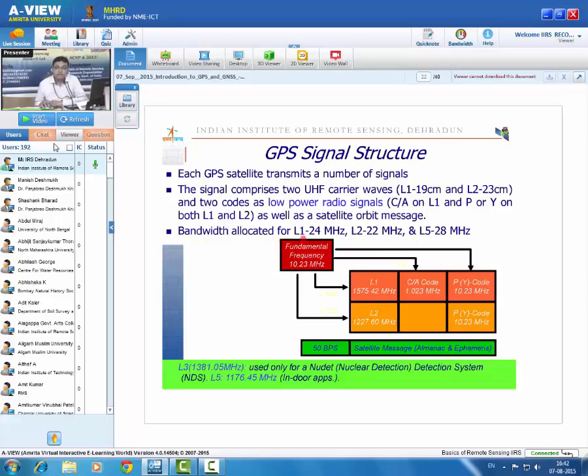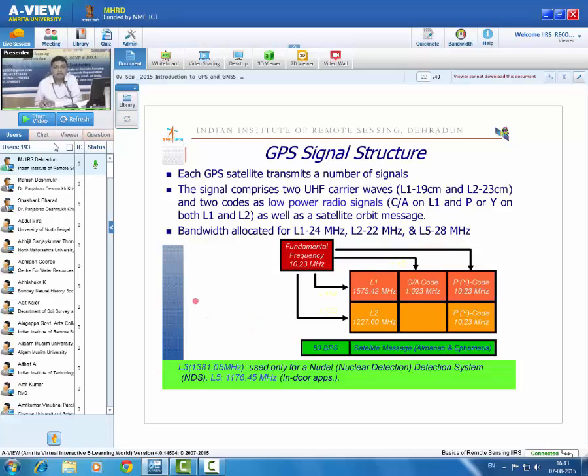Also, the bandwidth of L1 is 24 megahertz, the bandwidth of L2 is 22 megahertz, and the bandwidth of L5 is 28 megahertz.